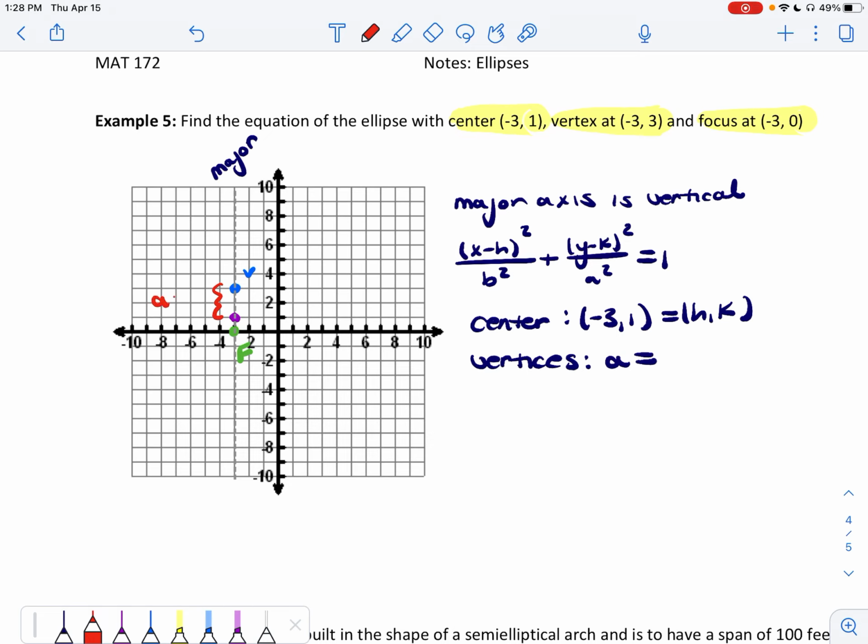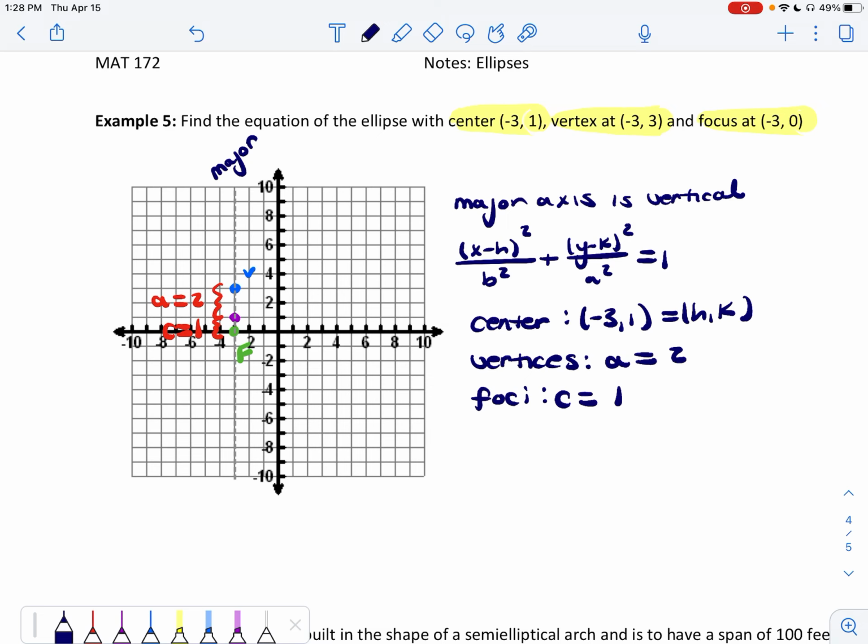So in this case, that is just 2 units. So our a is 2. From the foci, we can find our c value because the distance from the center to the foci is our c, and that is 1. So c is equal to 1.